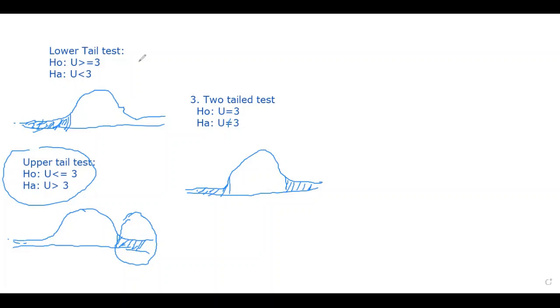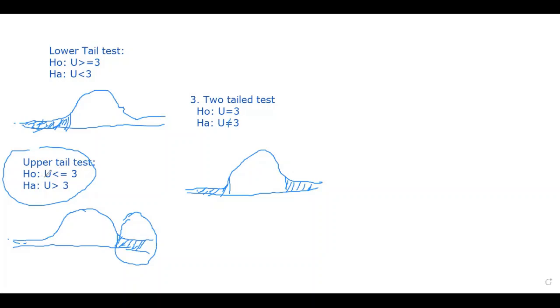So after formulating your hypothesis, and as of now I think all of us know how to formulate a hypothesis, it will help you determine whether you are getting a lower tail test, an upper tail test, or the two-tail test. Whenever your H naught is that mu is greater than or equal to 3, bear in mind that you are talking about the lower tail test.